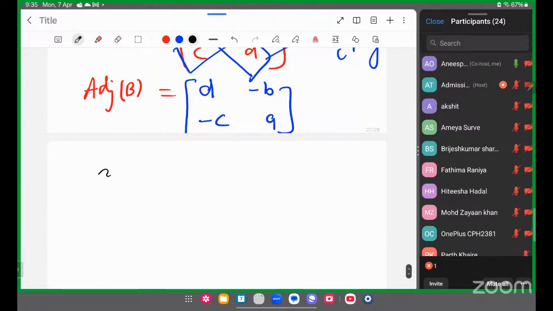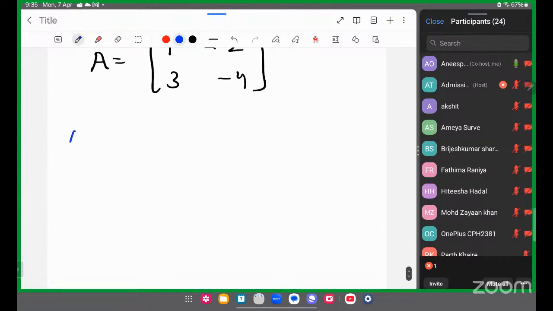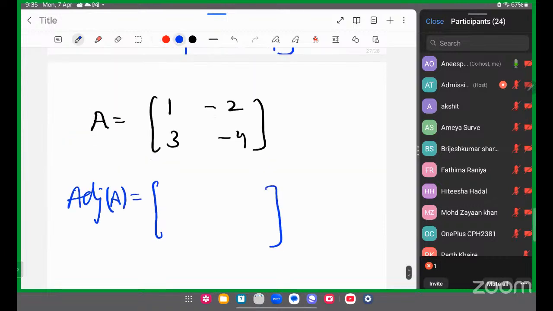In numerical terms, let's say I have a matrix A which is 1, minus 2, 3, minus 4, and I want to know its adjoint. So what will be the adjoint of matrix A? Again, what we have to do is interchange the diagonal elements and change the sign of the non-diagonal elements.